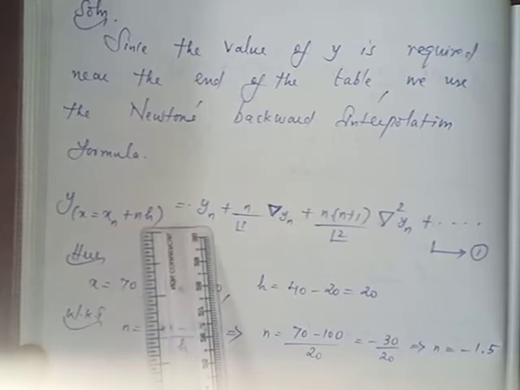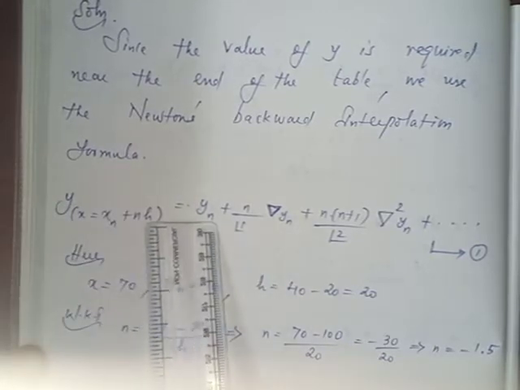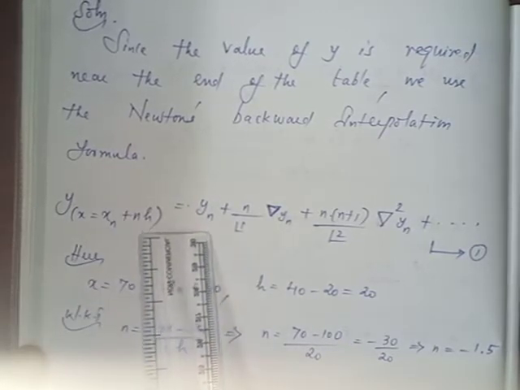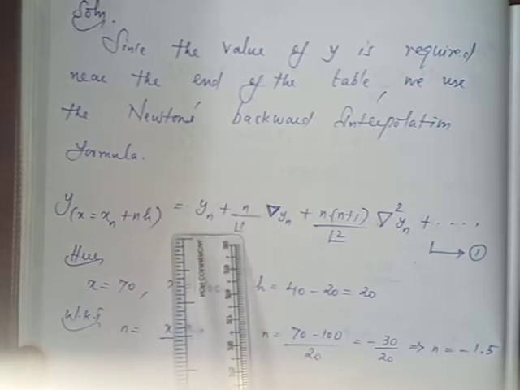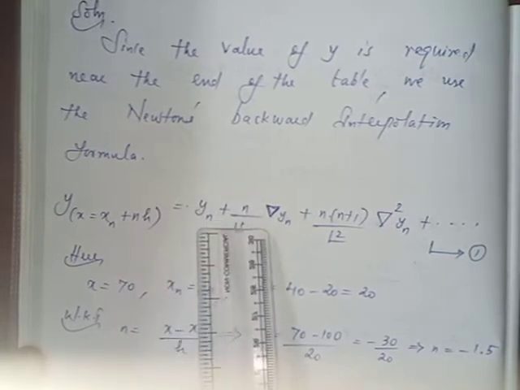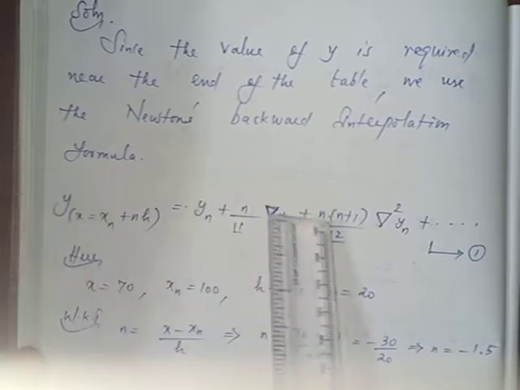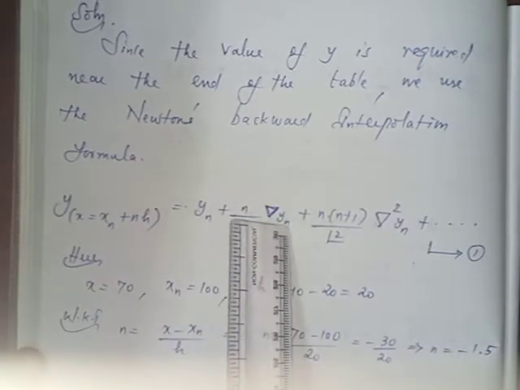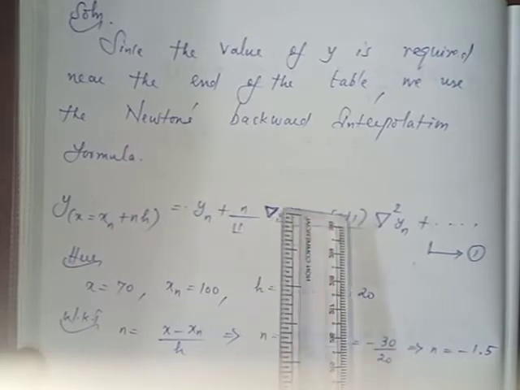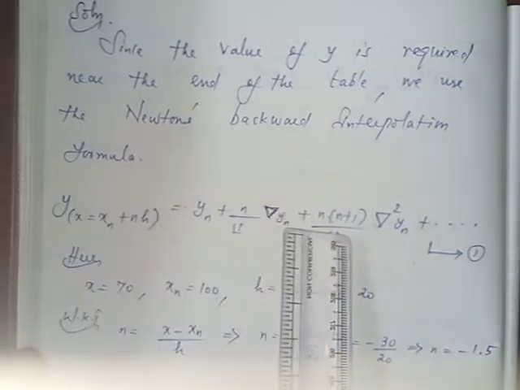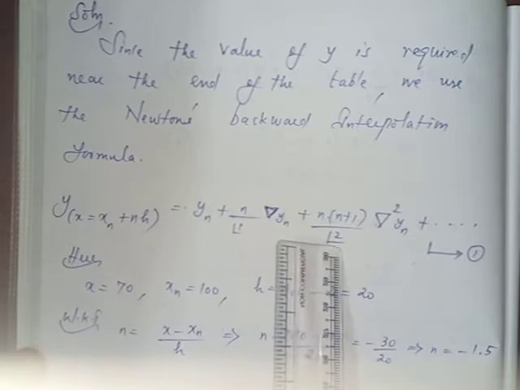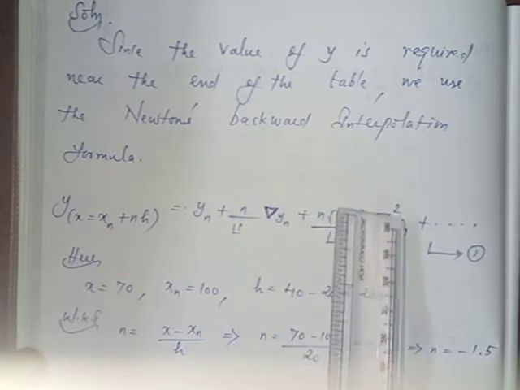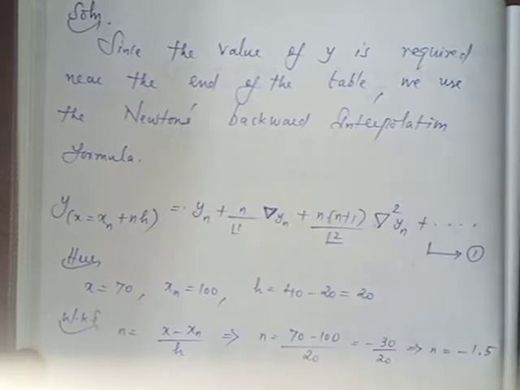That is equal to yn plus n into nabla yn divided by 1 factorial, plus n into n plus 1 divided by 2 factorial nabla square yn, plus etc. It is going on. Let it be equation number 1.